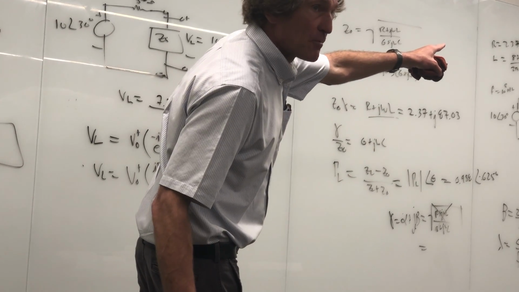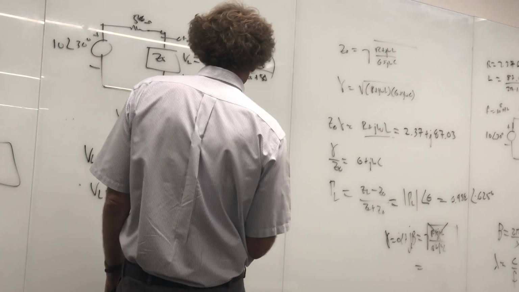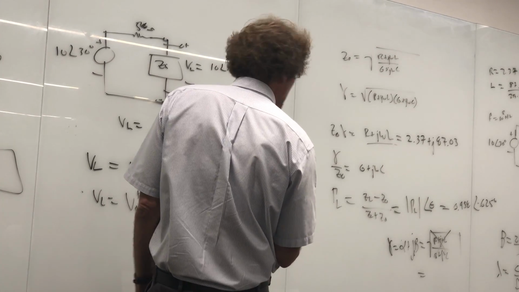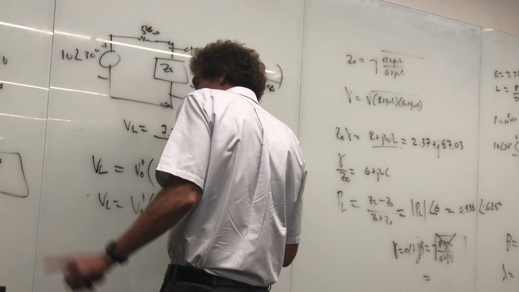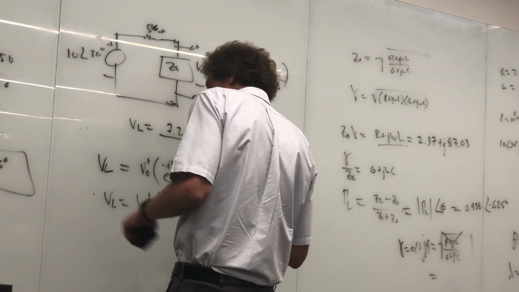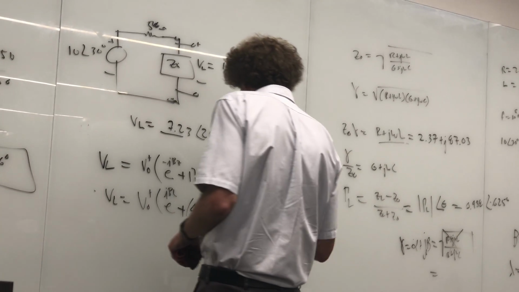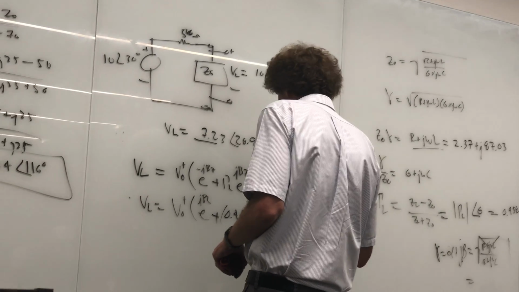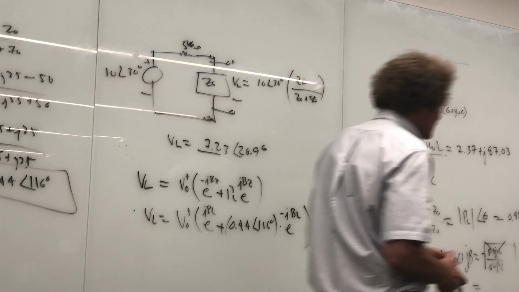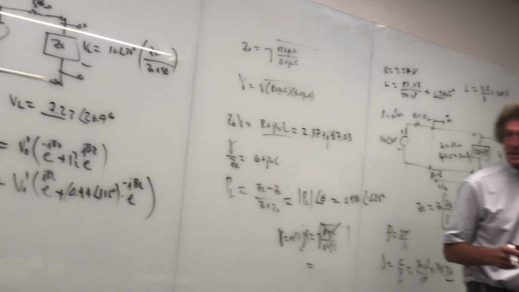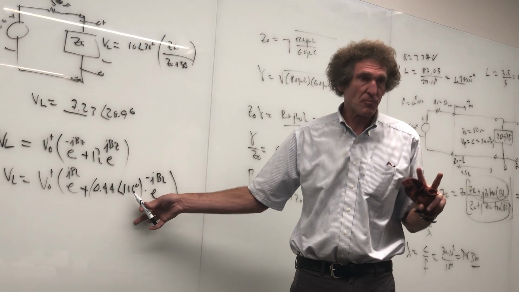On the top right. And it's going to be that plus the reflection coefficient, which you gave me as 0.44 at an angle of 116 degrees, times e to the minus j beta L. Now beta L is right here, and it is in radians. This is in degrees, so you're going to have to make sure you change them appropriately.